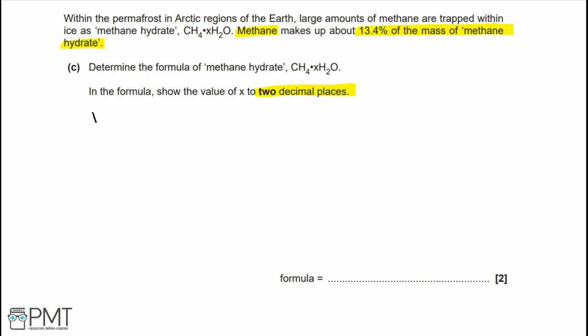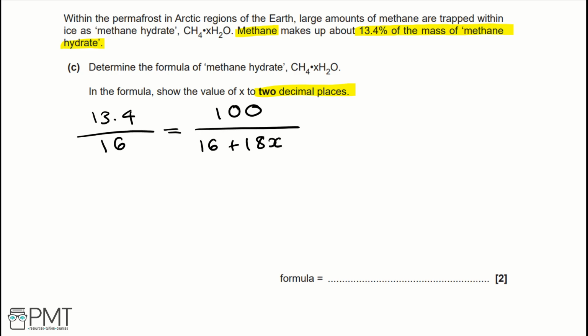To do that, we need to take the percentage and divide by the RFM of methane because it's the percentage of methane. The RFM, or relative formula mass of methane, is 16 because it's 12 plus 4, 12 from the carbon, 4 from the hydrogen, and then it's equivalent to 100%, or 16 plus 18x, 18 coming from the RFM, or relative formula mass of water.